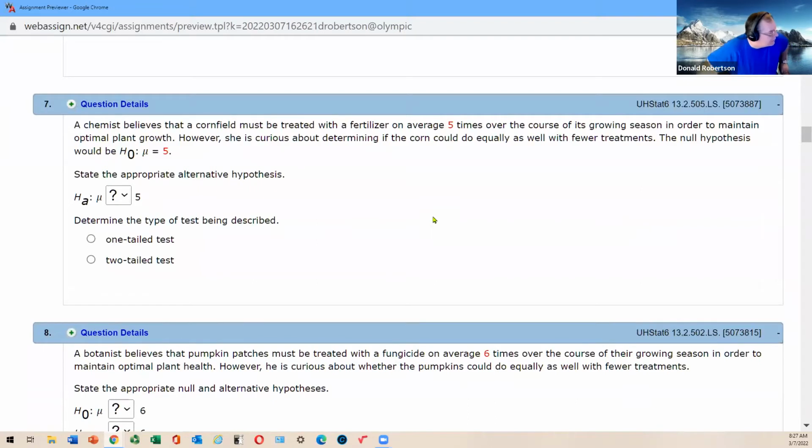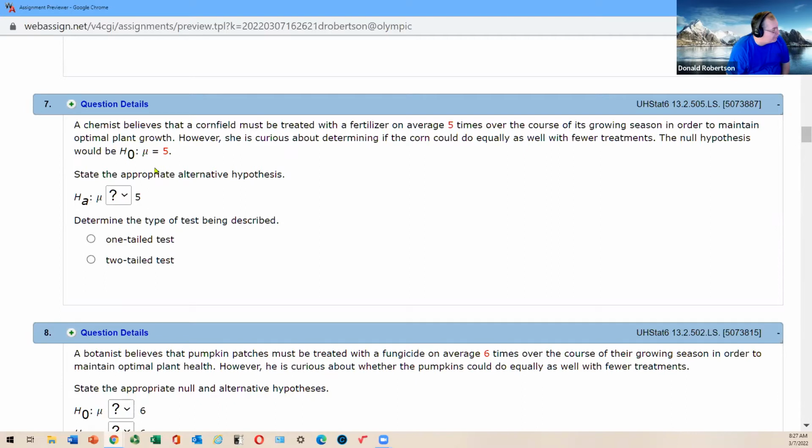Okay. Question 7. A chemist believes that a cornfield must be treated with a fertilizer on average 5 times over the year if he wants to get a good crop. However, she's curious if she could do just as well by using fewer. So instead of doing it 5 times on average, maybe she could do it just 4 times.